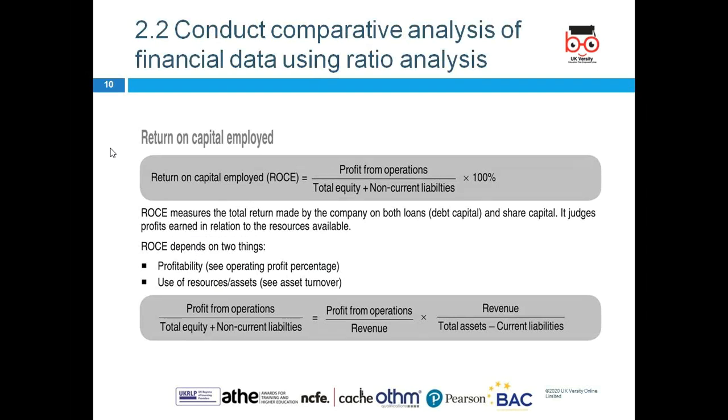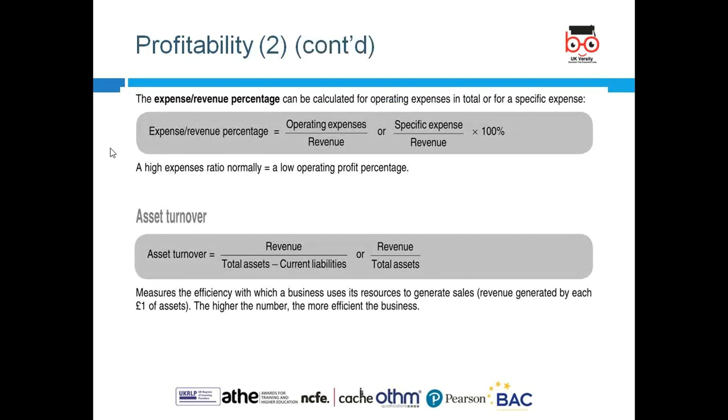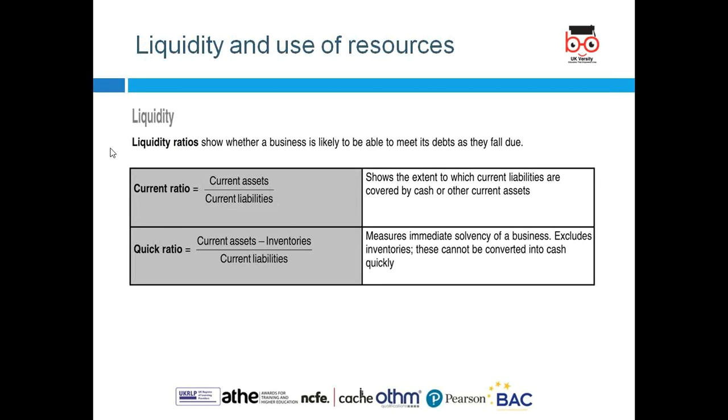So we need to look at the benchmark, which we will go through further. Conduct a comparative analysis. We can look at return on capital employed and use these ratios for comparison. Profitability ratios: how much profit we have after tax. We can do two years and see some ratios.